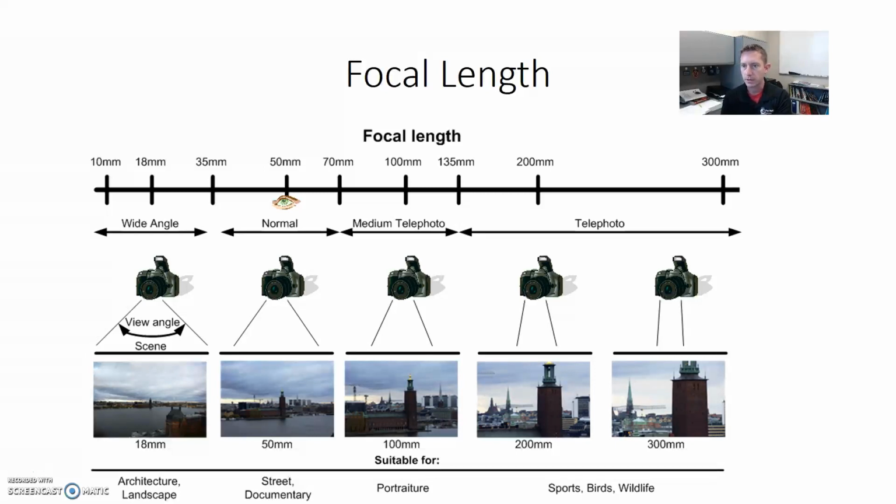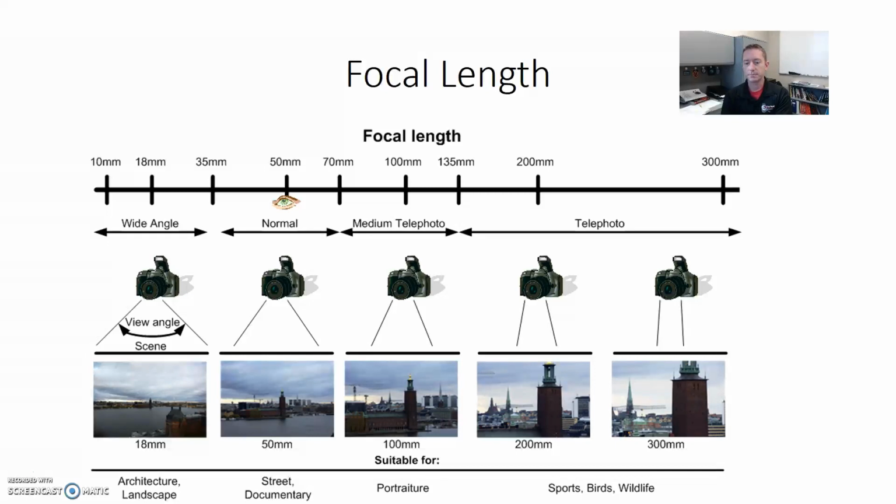By the time you're in that 80 to 100 millimeter range, you're in the medium telephoto, a little bit of a zoom. Then we start getting over 100 millimeter up to 300 millimeter, and we're looking at the true telephoto lens. Past 300 millimeters, you're getting into what we sometimes call the super telephoto.